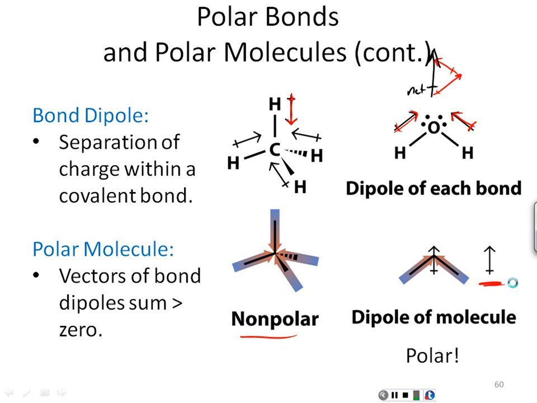As we talked about last time, there's what's known as a bond dipole, shown as these arrows, and that indicates a separation of charge within a bond. But for the molecule to be polar, the sum of these dipole vectors has to be greater than 0.